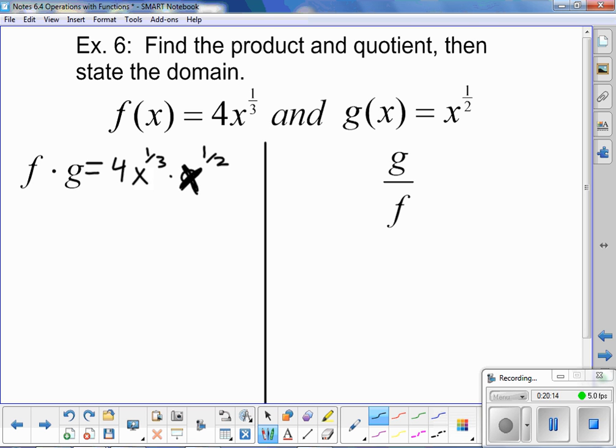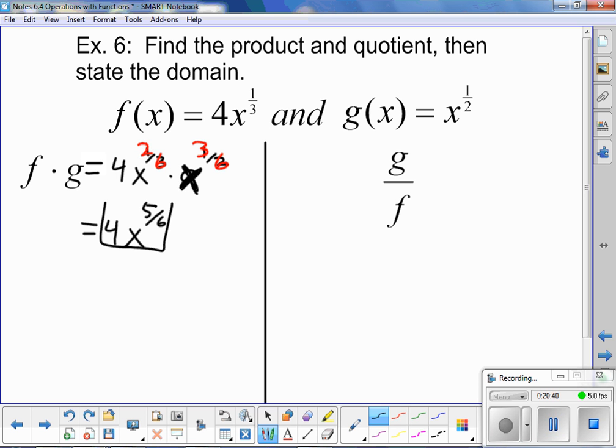So what you're going to do here is just add your exponents. So it's 4x to the 1/3 plus 1/2. You need common denominators, so that's going to be a 6. So 2/6. That's just going to be a 6, so 3/6. So 3 plus 2 is 5/6.